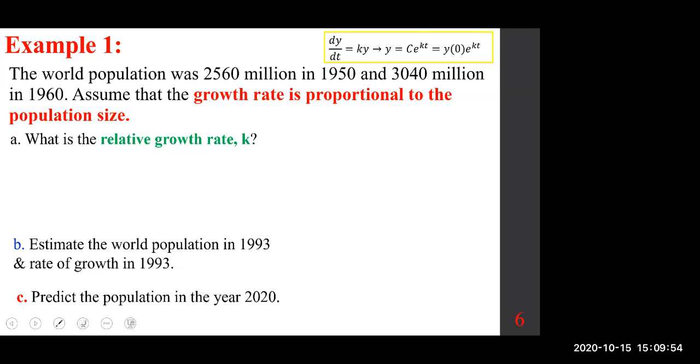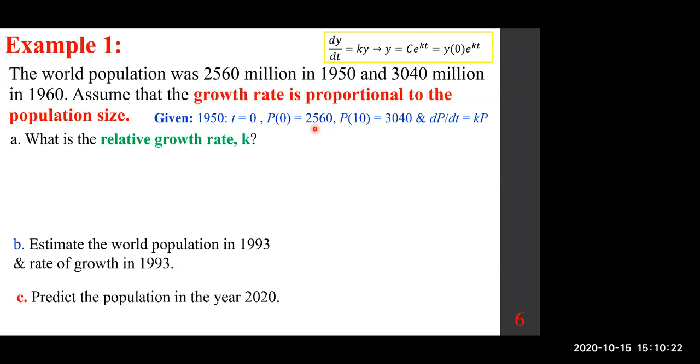Okay, so before we move on, remember, this is a word problem. So we're going to write the given, exactly what was given. In 1950, and we are assuming that's the initial value t equals 0, then P of 0 is 2560. In essence, if you look at this formula, this c becomes that number.